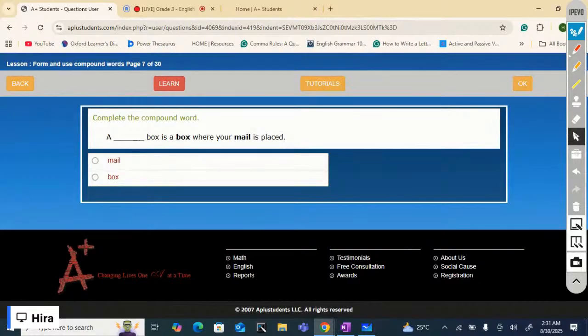A blank box is a box where your mail is placed. What is the answer? Mail or box?